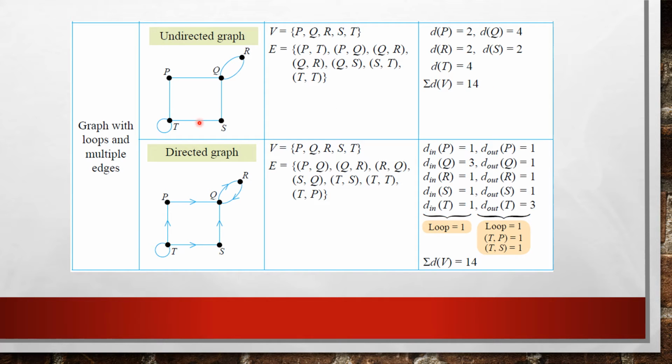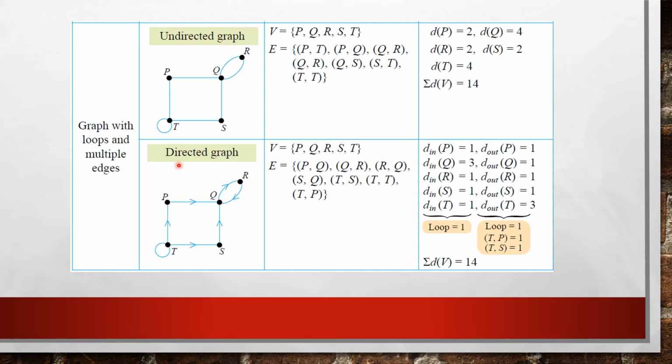Next, T, you have a loop. Always remember and take note that a loop has degree 2. One is clockwise, another one is anti-clockwise. So degree of T will be a total of 4. And you sum all the degrees, you will get a total of 14. This is for an undirected graph.